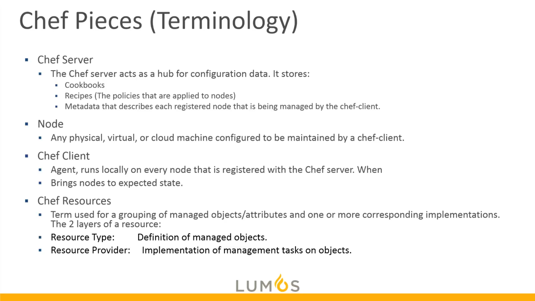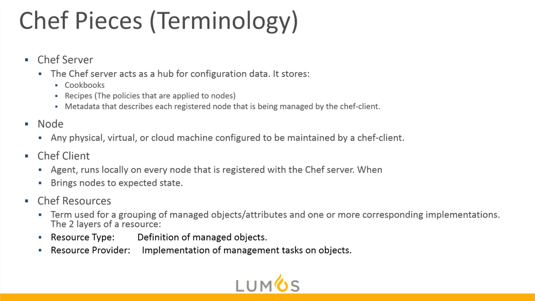So what is a node? Again, it's any physical, virtual, or cloud-based machine. And by physical, it could be a router, a switch, a bare metal server, or a storage device. The Chef client is the agent that runs locally on every node and registers with the Chef server, and it brings the node to the expected state.